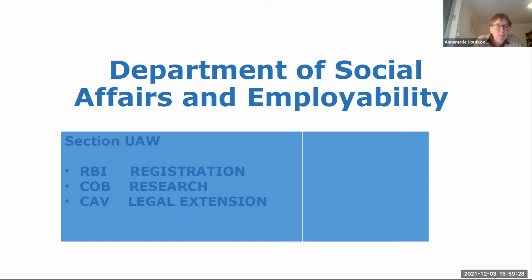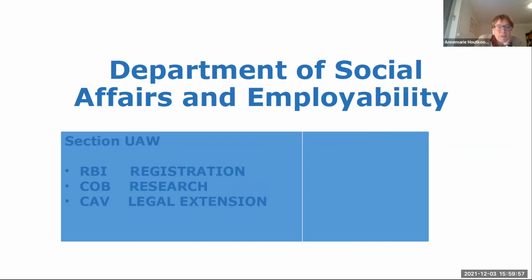That's not a paper matter, it's all digital. Then there is the next one, COB. It's the section where research is done. I work with 8 colleagues, and we use the CBAs for our research. And then the last one is the section who takes care of the legal extension.